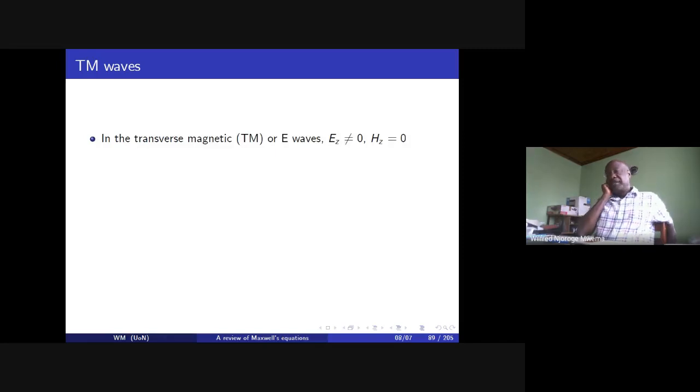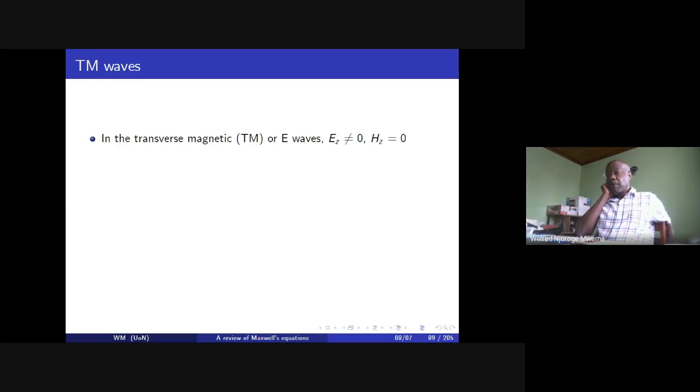So we now look at what we call the TM waves, or in other words, E waves, because these TM waves will be derived from the axial component of the electric field. Hz is equal to 0, that is, the magnetic field is everywhere transverse to the axis of propagation, but the axial electric field is not equal to 0.